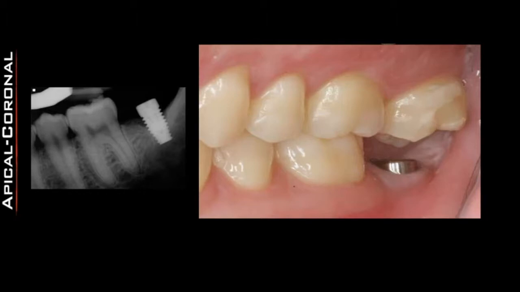Every implant, especially when we're talking about a posterior implant, should be placed in the area that is going to get the most force, where the vectors of force are going to be the greatest.